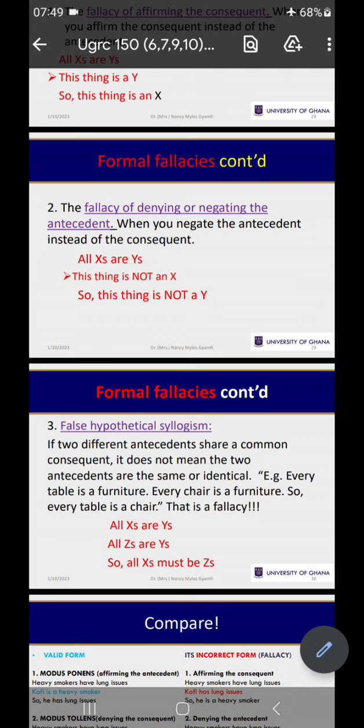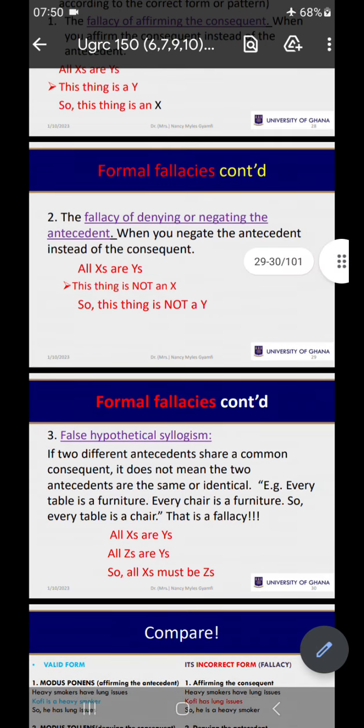But if you want to know if it is a modus ponens, modus tollens, a fallacy of affirming the consequent, or a fallacy of denying the antecedent, you need to check the second sentence. That is where you use to determine whether it is a fallacy or not a fallacy.